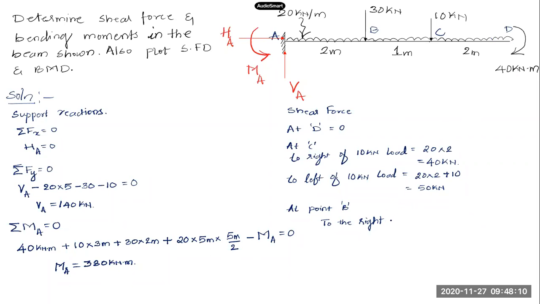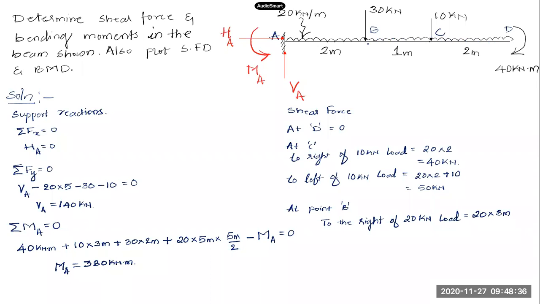To the right of this force, it will be in this UDL. Due to the UDL, it is 20 into 2 plus 1, 3 meter. So 20 into 3 meters. This is the portion of the load on the right side of the section.